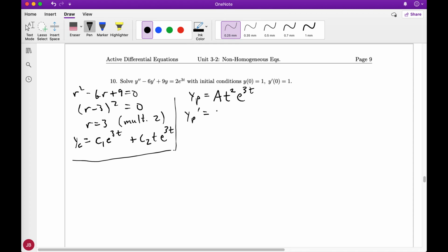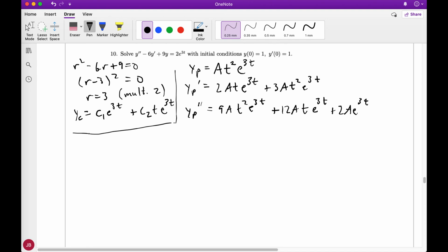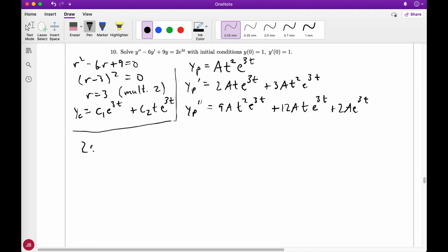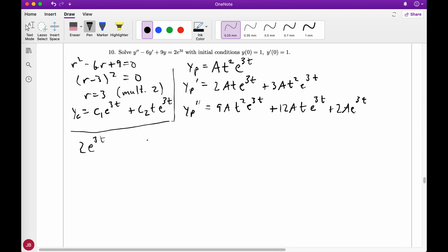Yp prime is then the following, and yp double prime is, okay. So now that we have yp prime and yp double prime, what that tells us is that 2e to the 3t has to equal yp double prime minus 6 yp prime plus 9 times yp.